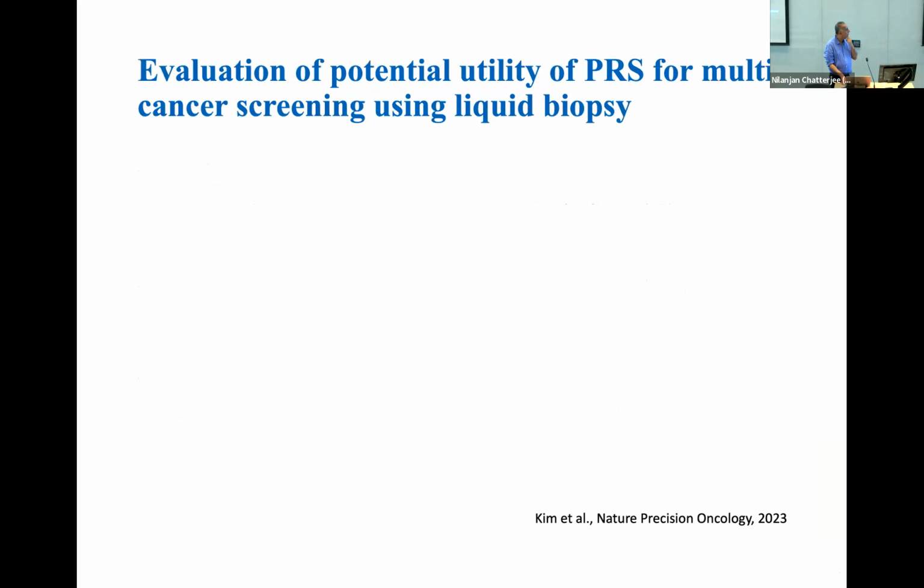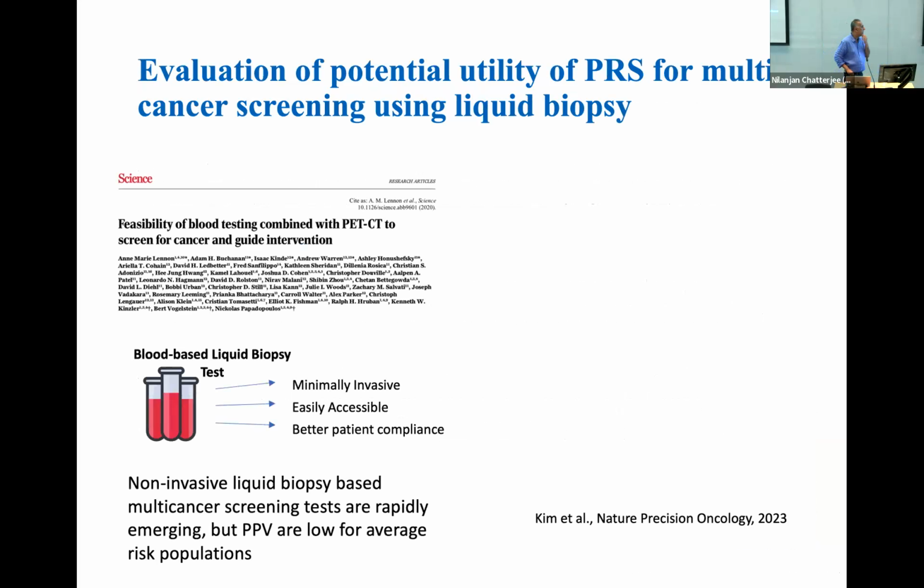So just on the same path, we did a little bit of work on how this polygenic risk score, which is a multi-cancer technology, can come together with another multi-cancer technology, which there's also a lot of excitement about: multi-cancer screening using liquid biopsy. If you're not familiar, the promise is that a liquid biopsy means you are having a biopsy without actually taking a tissue sample.